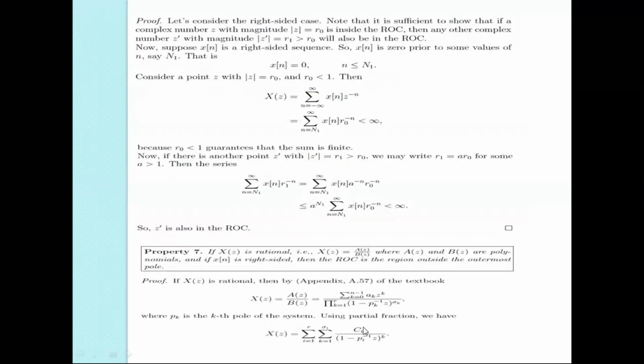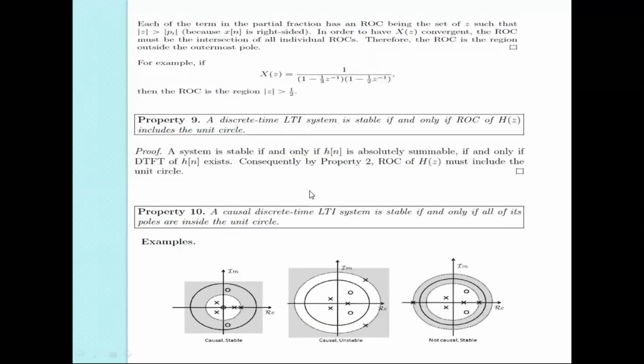See the p_i here, for the poles p_i, it is always |z| greater than |p_i|. Each term in the partial fraction has an ROC being a set of z such that |z| is greater than |p_i|, because x(n) is right-sided.